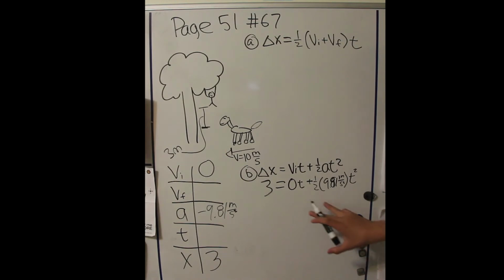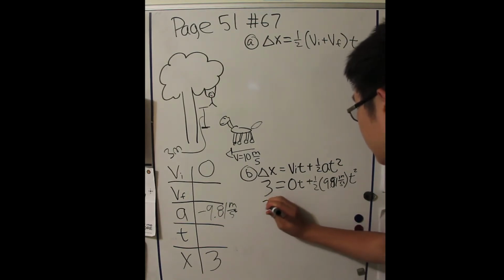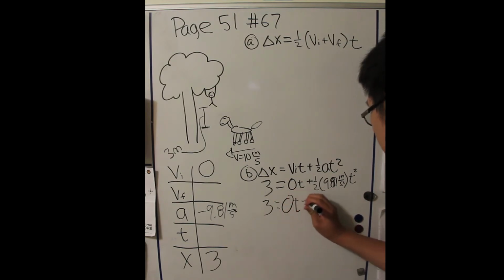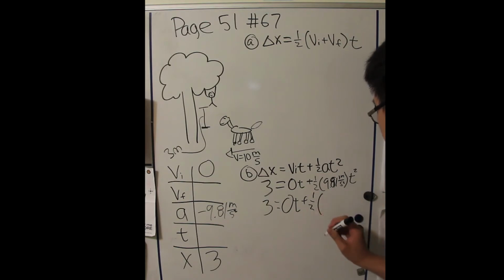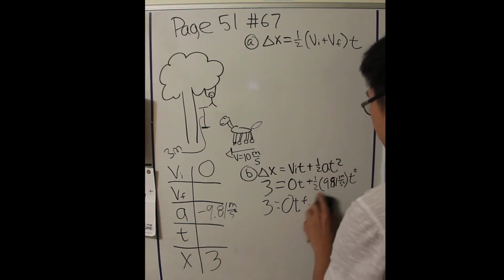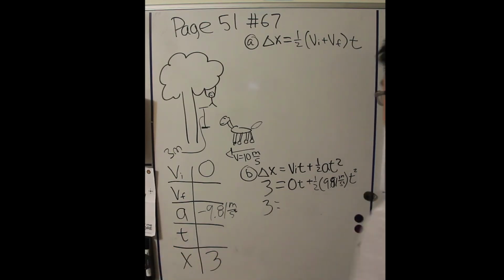Now, we're going to multiply 9.81 by 1/2, so 0 times time is nothing, and we can take that out of the equation.